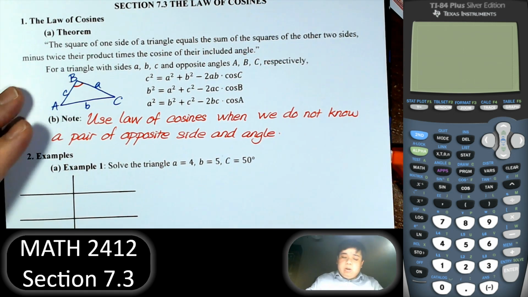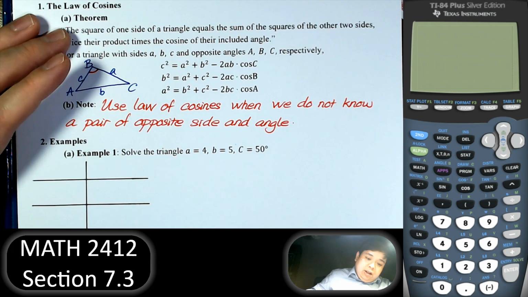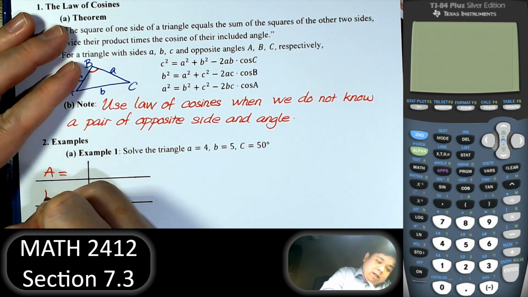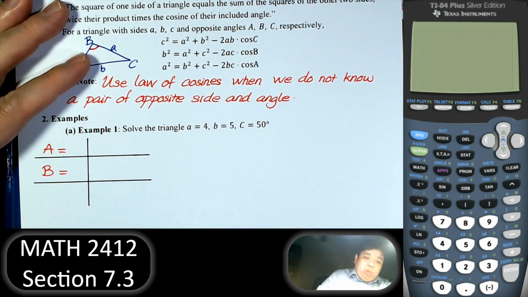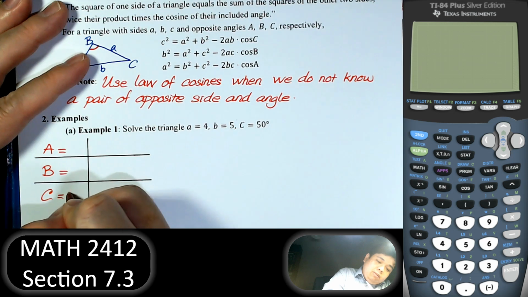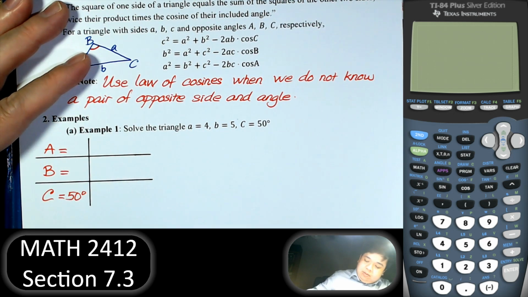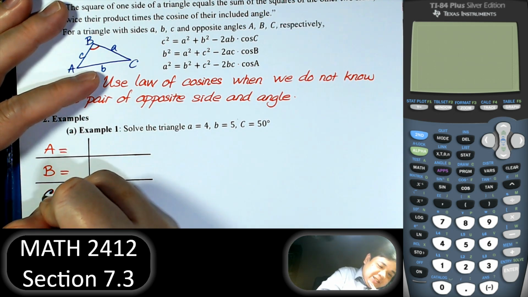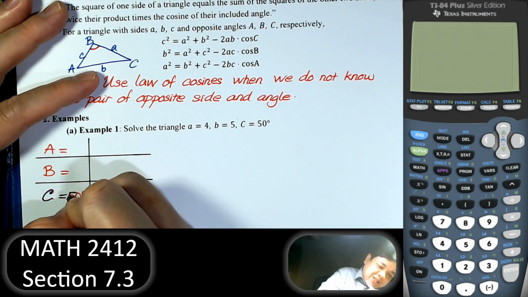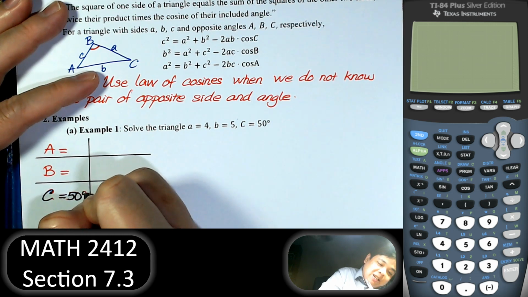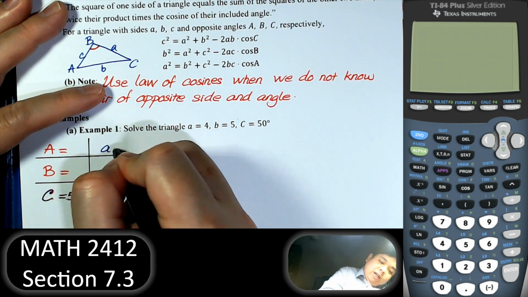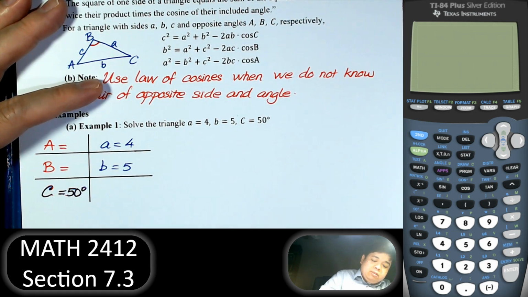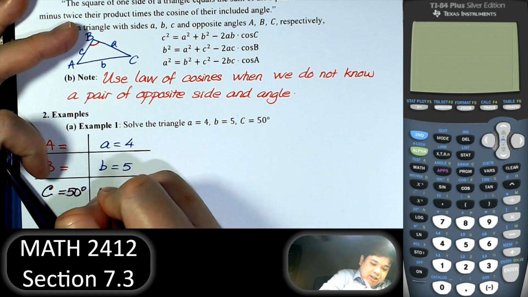So in the first example, we don't know angle A or angle B. We know C though, 50 degrees. We know a is 4, b is 5, and side c we don't know.